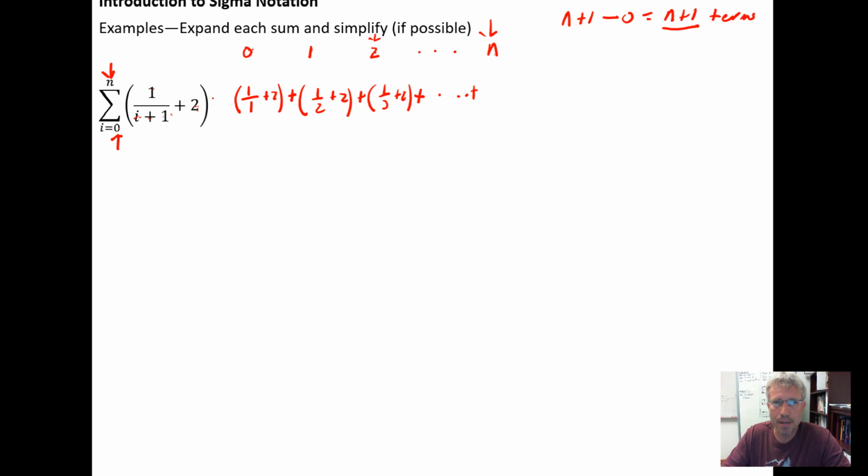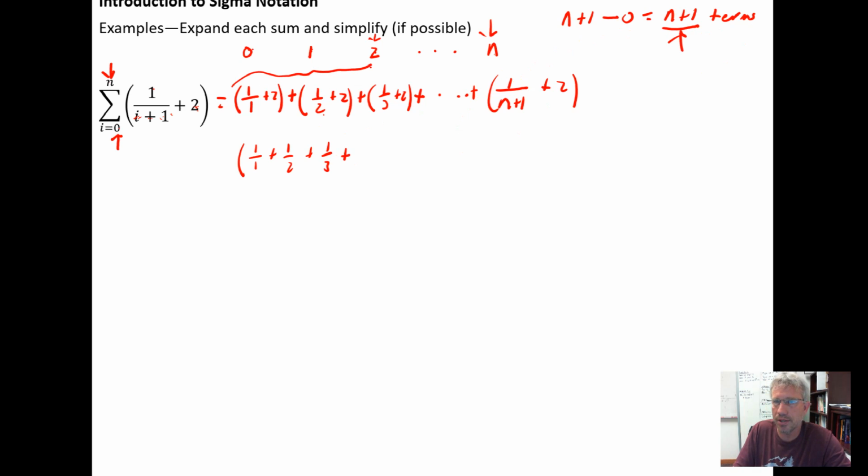So when I get to n, I'm going to plug in 1 over n plus 1. So I get 1 over n plus 1 plus the 2. And I could reorder this. So I could say, look, I get fractions 1 over 1 plus 1 over 2 plus 1 over 3 plus, there's going to be n plus 1 fractions because there are n plus 1 terms in this sequence.